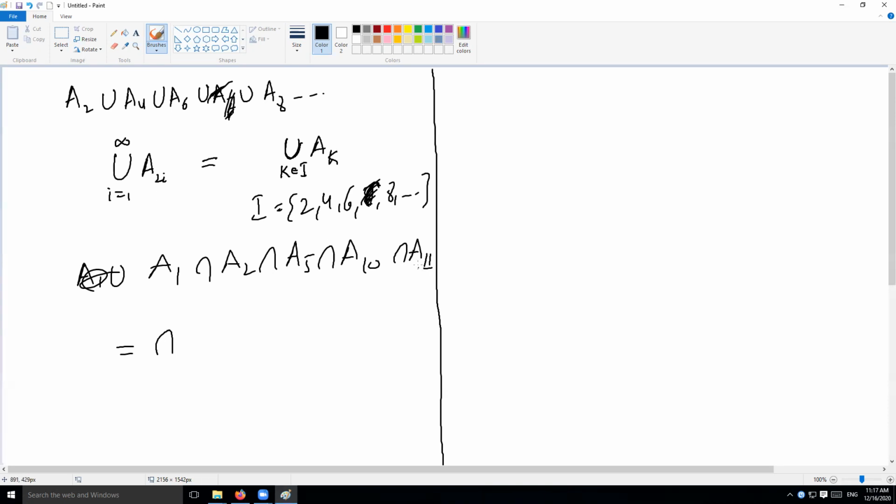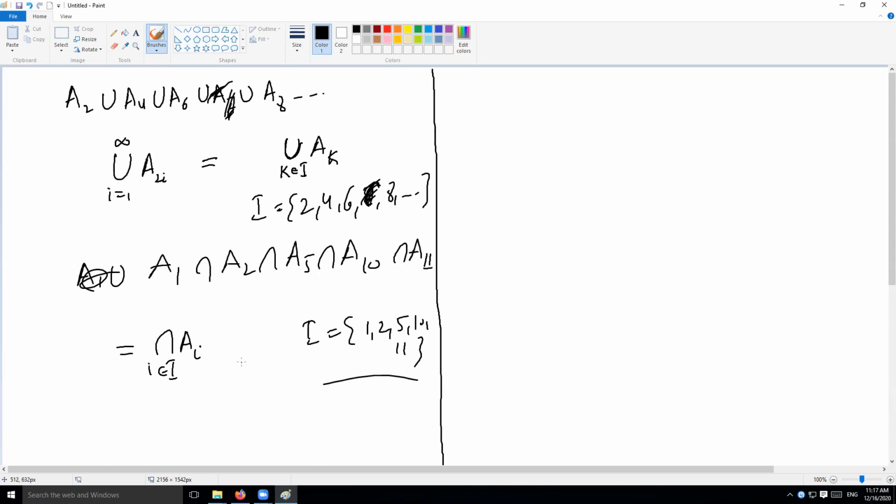So you don't have to write a pattern actually. You can say, okay, I am taking the intersection of Ai, where i is in the indexing set I, and this indexing set I is 1, 2, 5, 10 and 11. Simple. Understand?